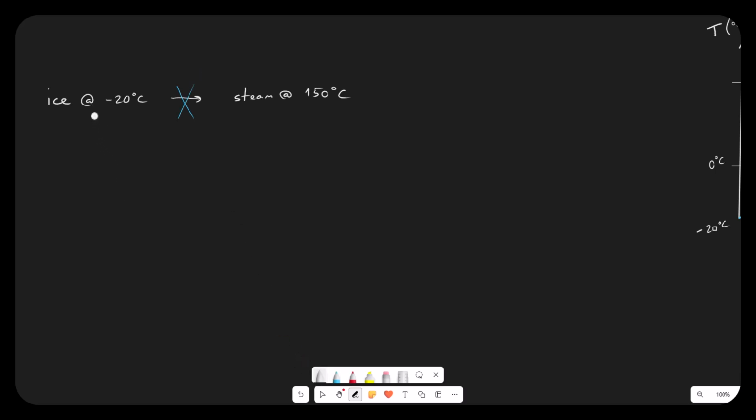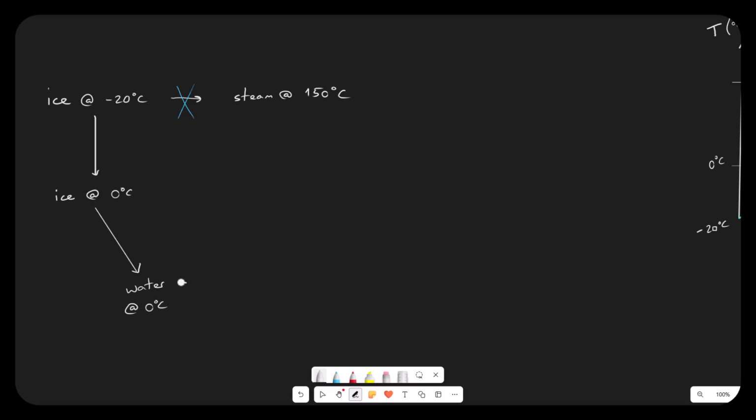I'm going to take my ice at -20. I'm going to heat this up to be ice at 0. Once I've done that, now I can take this to melt. So I would like this to be water at 0 degrees Celsius.